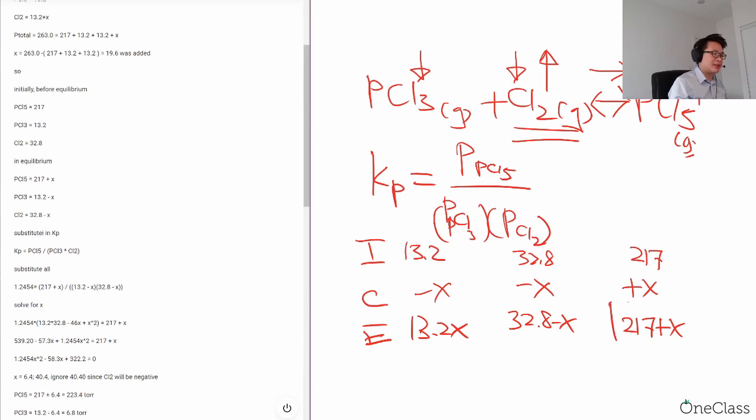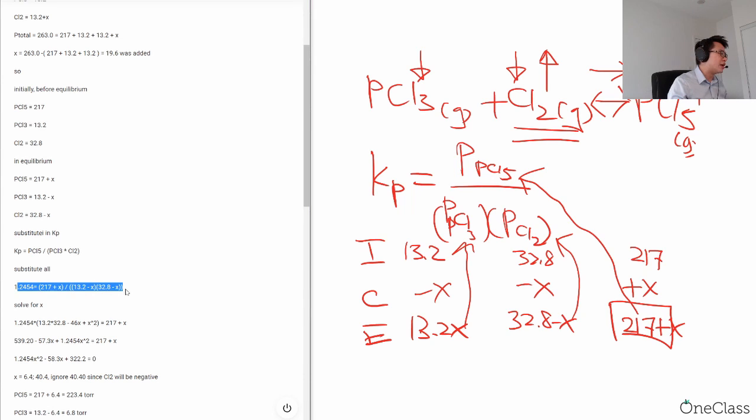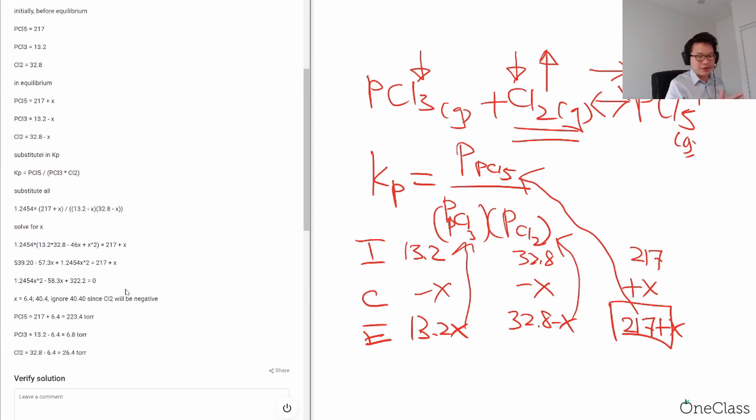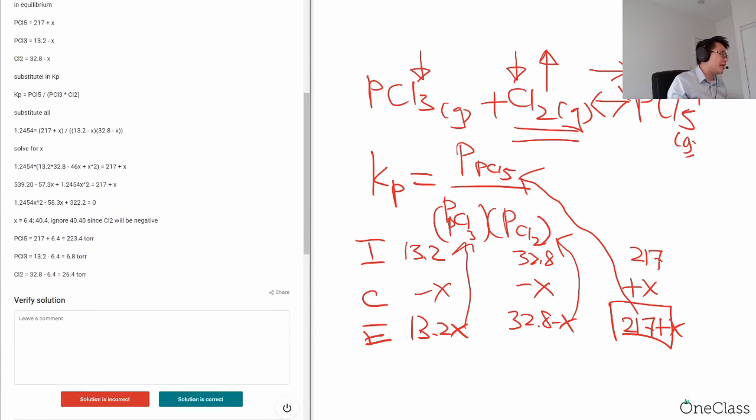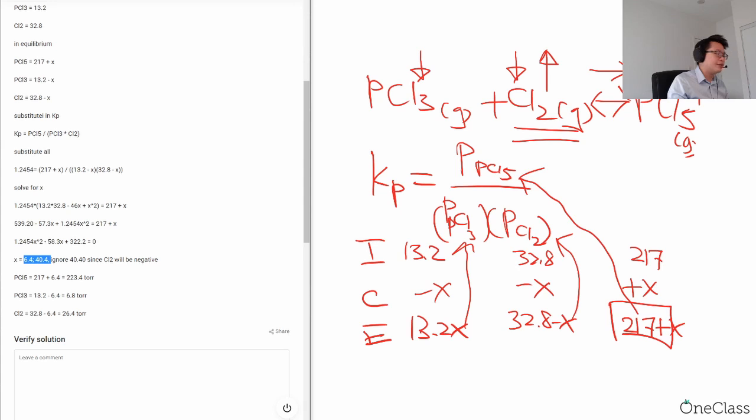The next step is to plug everything back into our equilibrium constant expression, which is what the solution on the left does. It takes some time, but it's very simple algebra. We solve a quadratic equation, and x will be either 6.4 or 40.4.